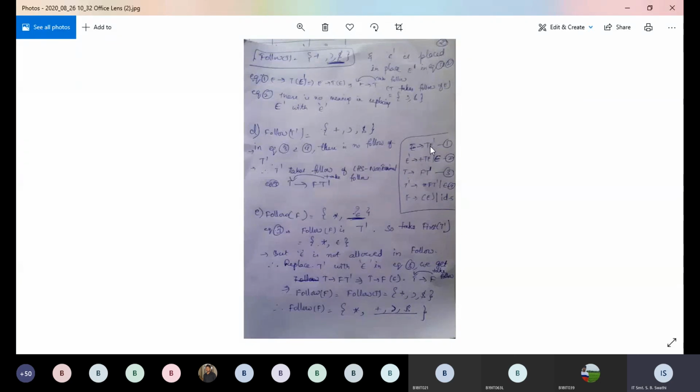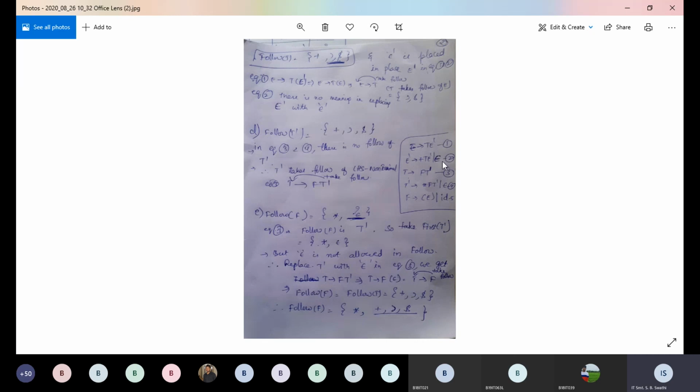If suppose E dash is not there, it is simply E goes to T. If there is nothing present after the particular non-terminal T, then it will borrow the follow from the parent. If a successive element is there, no need to borrow from the parent. It will take the first value of that particular element only. That is the second one.